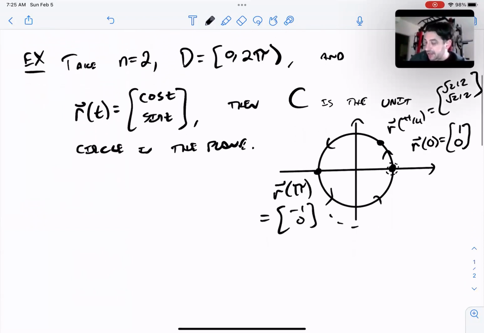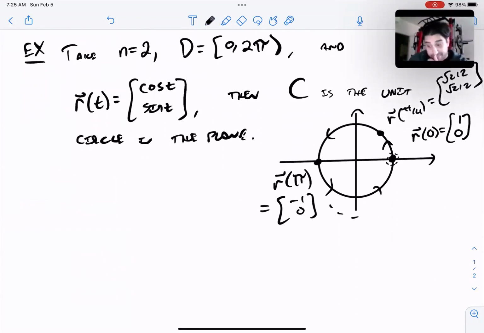All right. Here's another example of a parametric curve.